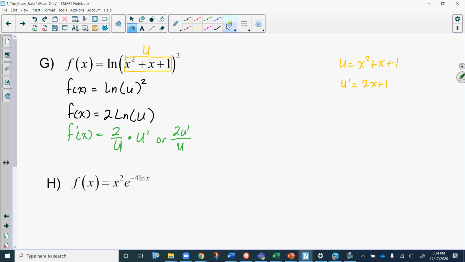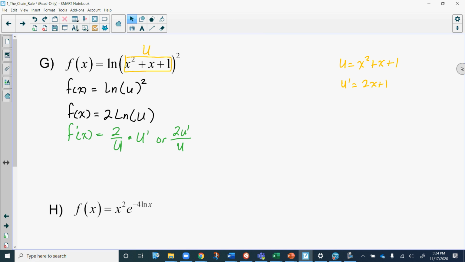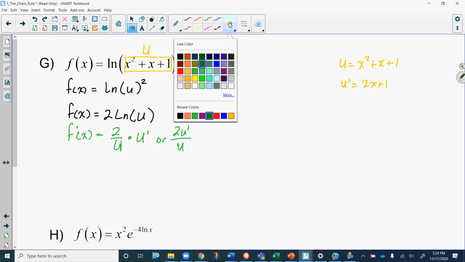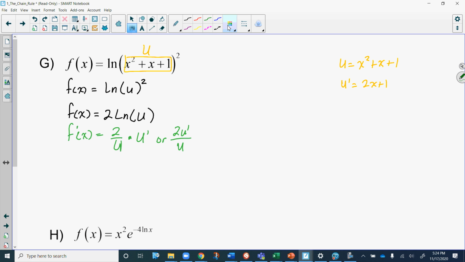Let's see, can I move this guy down a little bit? I sure can. So we'll keep things just kind of going down. Make sure I'm using my green color. I am. So again, we're still doing f prime of x. I'm going to say 2 times u prime, which in this case was 2x plus 1, just substituting it back in, over u, which in this case is the x squared plus x plus 1.